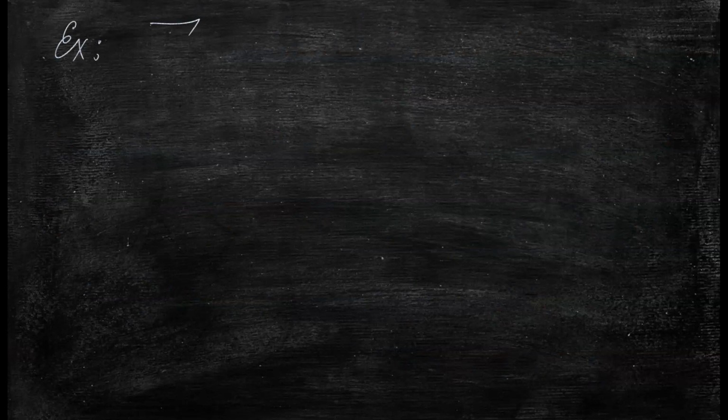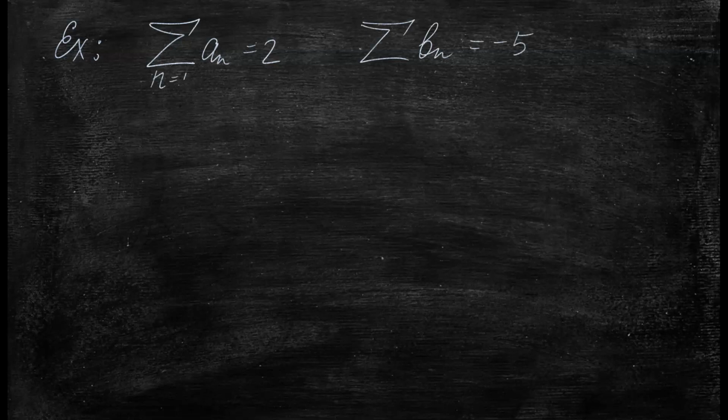Let's assume that one series converges to 2 and another series converges to -5. And let's find the sum of this series.